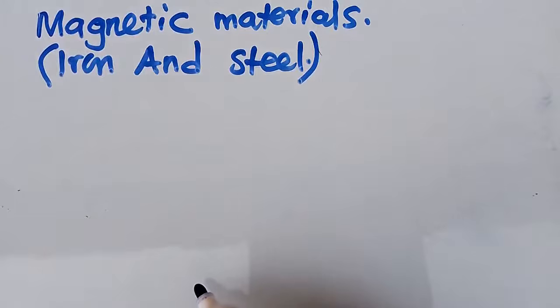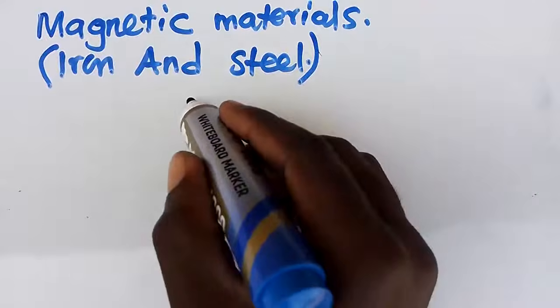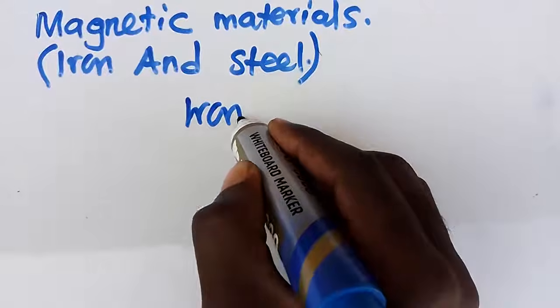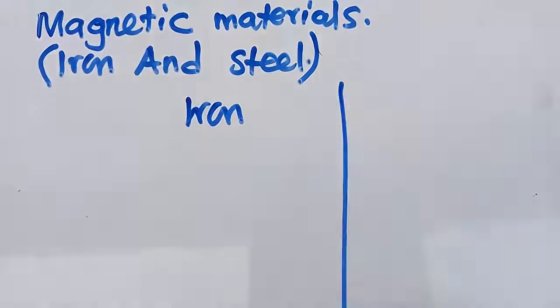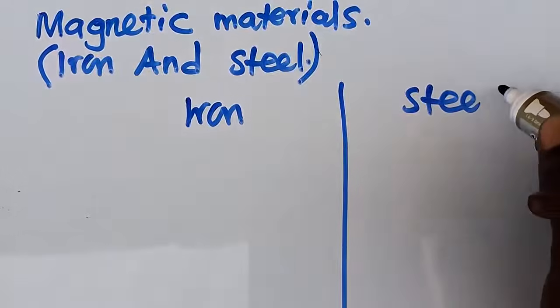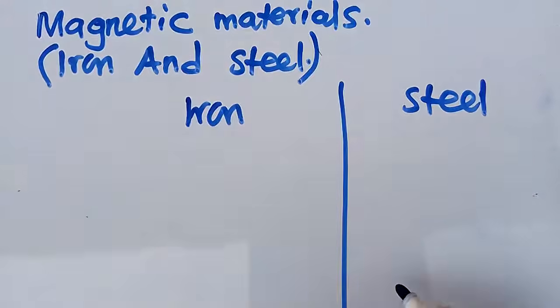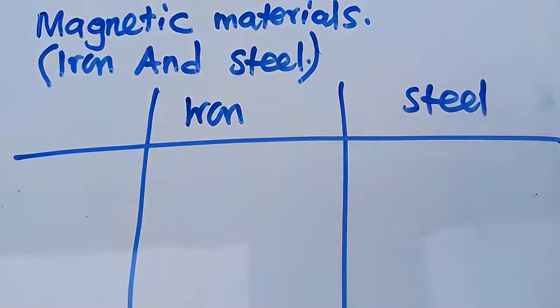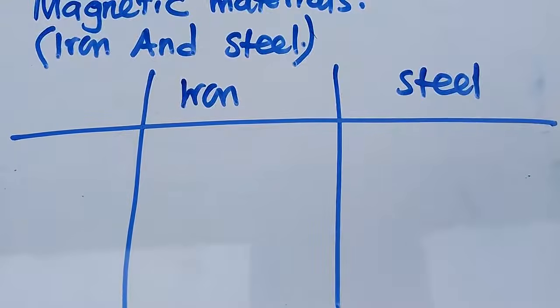So I'm going to start with iron here, and this one is for steel. I'm going to form a table that will help us differentiate these two.